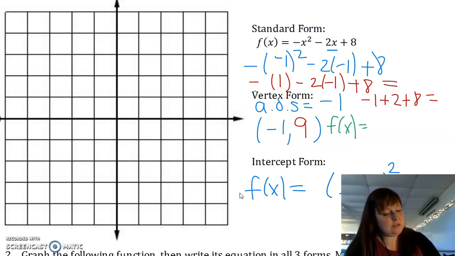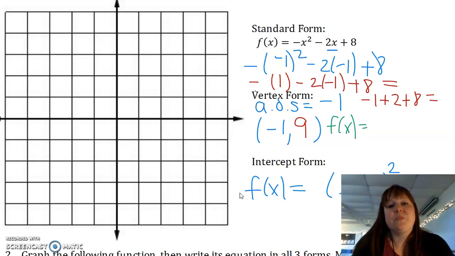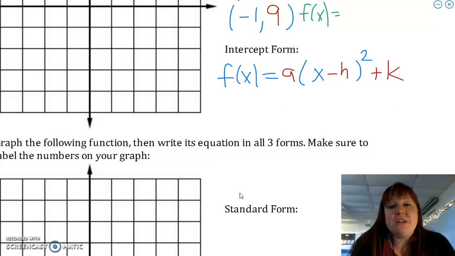I'm going to plug in some things here. Okay, actually that's probably right behind my head right now, isn't it? It'll take a second for it to think and get up there. Okay, vertex form is f of x equals a times x minus h plus k. And basically all the things that are red, those are the things that we are going to replace. Everything else stays in there. It's part of the equation.